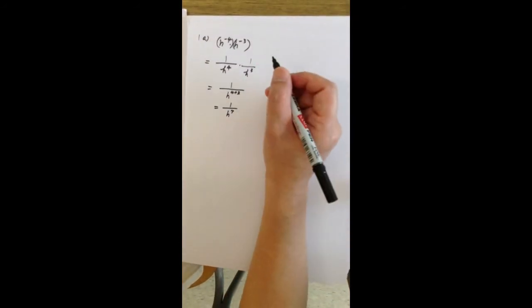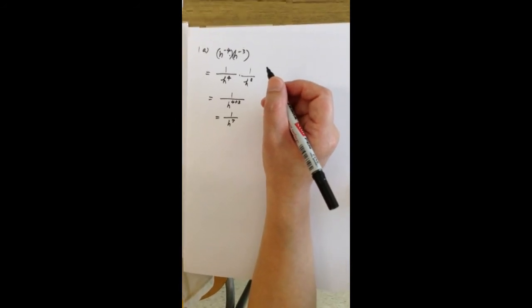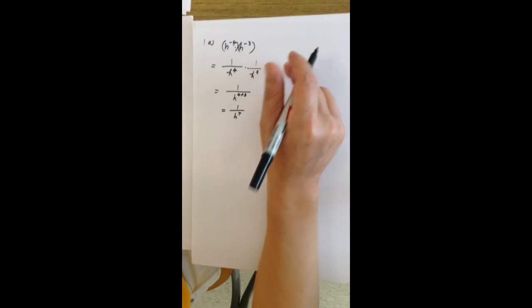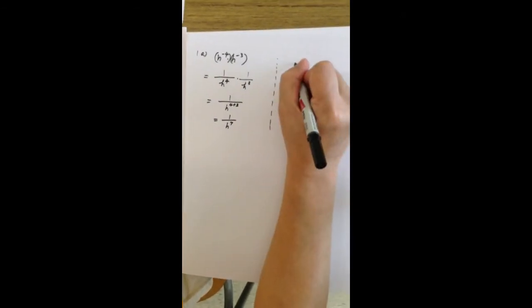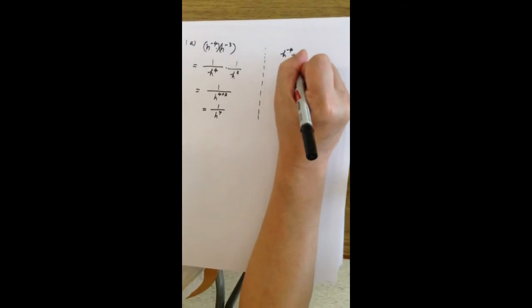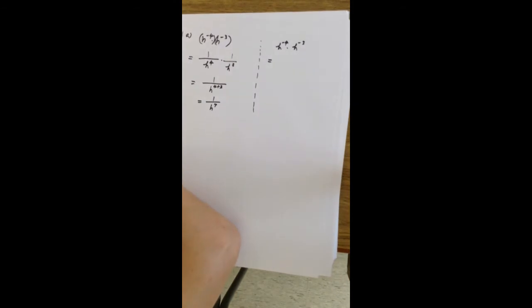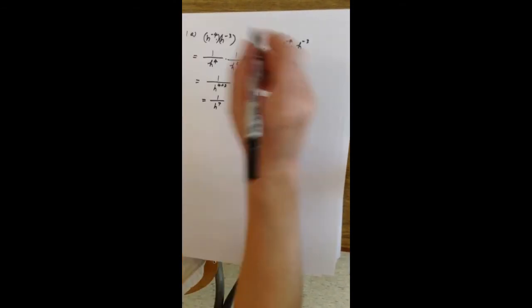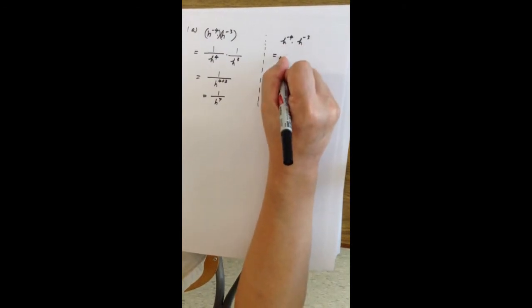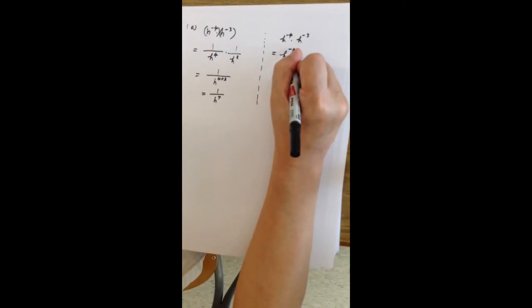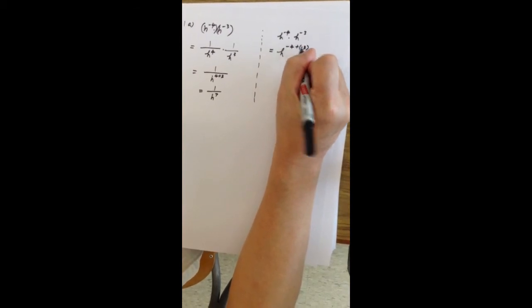But some students may think that it is easier to use another method so that I can get the same result. Let's go. He used the formula in section 4.1. x to the power negative 4 times x to the power negative 3. He tried to make it x to the power negative 4 plus negative 3.